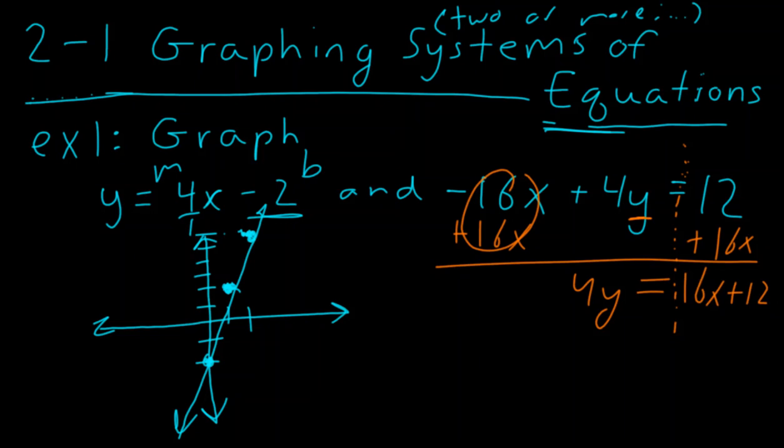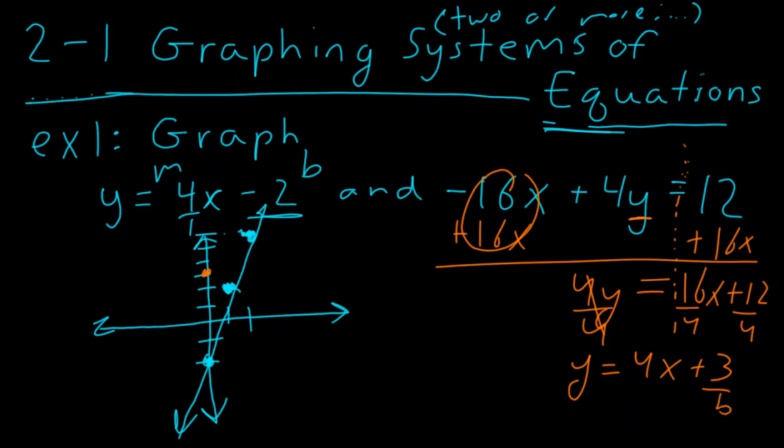Now from here, to get the y by itself, all we have to do is divide every single term by 4. And so we have y equals 16 divided by 4, which gives us 4x, plus 12 divided by 4, which is 3. Let's see what that would look like. I'll go back over here to my y-axis at 3. Remember, that's our b term.